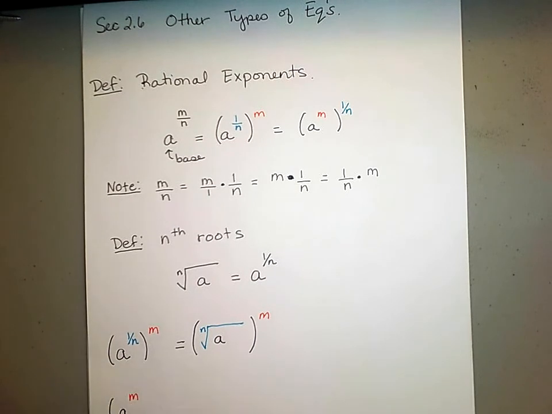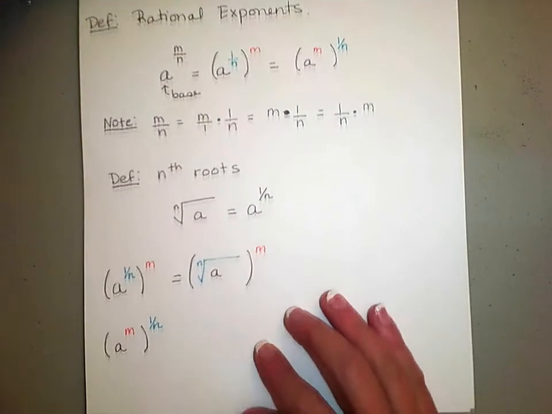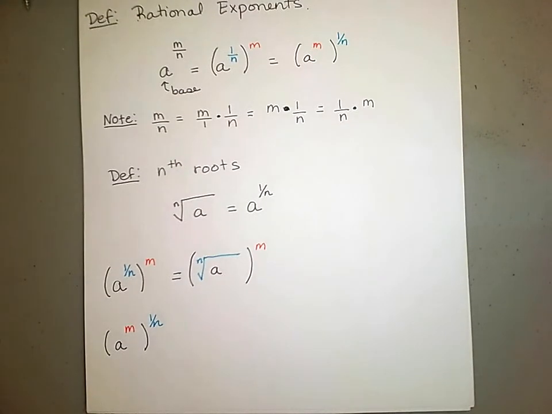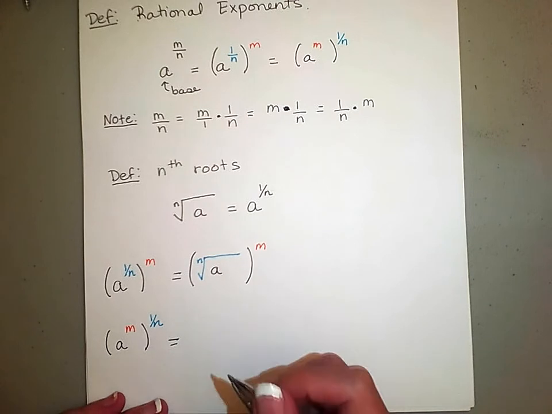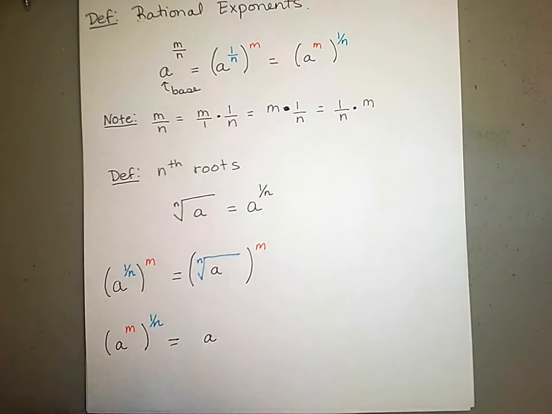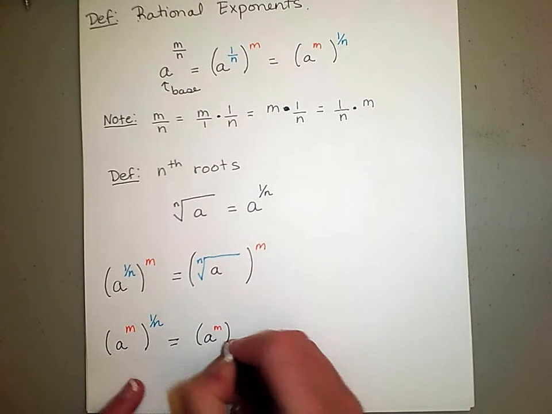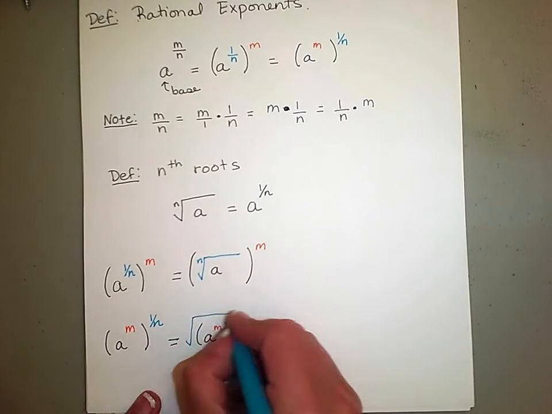I may want to first raise the base to the power m, and then take the root. So in that case, we'll take a to the m power first, and then take the root.